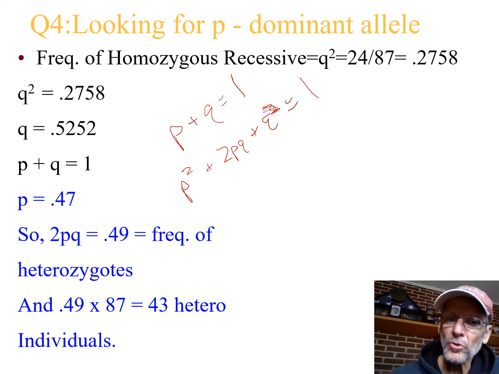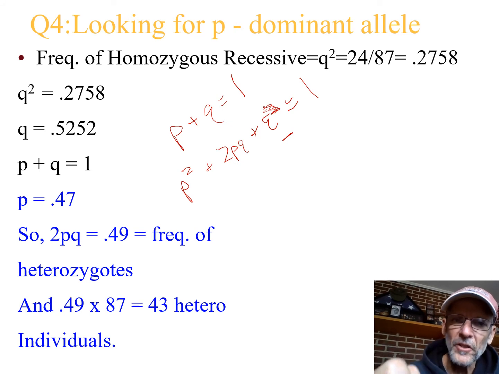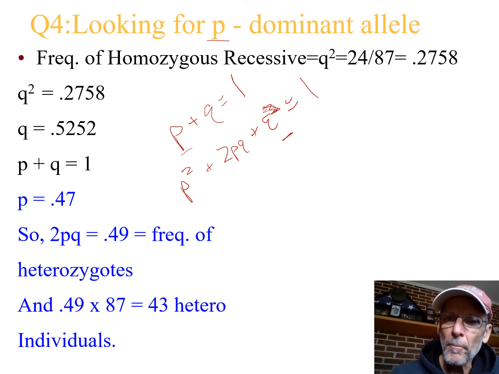These equations are tools, and of all these variables, the only one that we can figure out with the given information is this one, right? Take ourselves back to the question, remember, we're looking for p, we're looking for this one, but this number of individuals with the recessive trait is not the number of recessive genes.